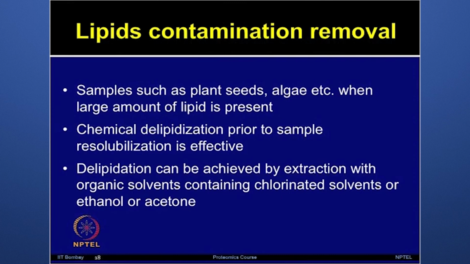This process of delipidation can be achieved by extraction with organic solvents such as chlorinated solvents, or ethanol or acetone alone. This step becomes very crucial if you are analyzing the proteome of biological samples which are very rich in lipid components.